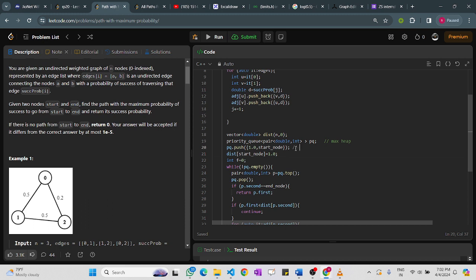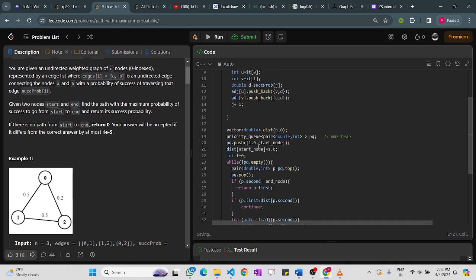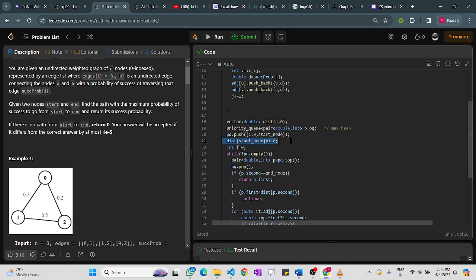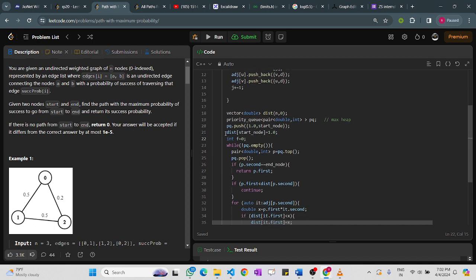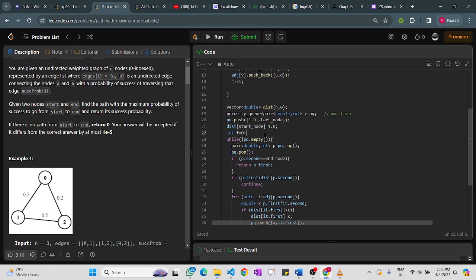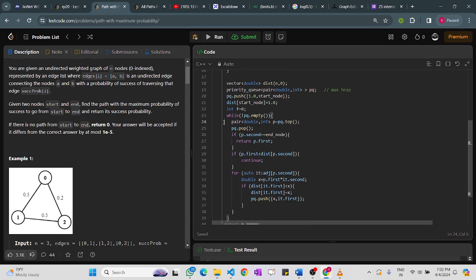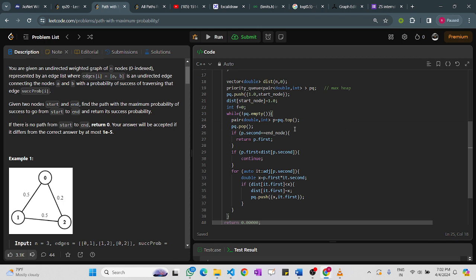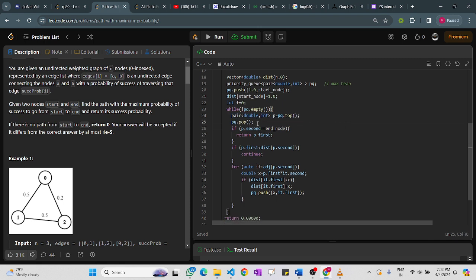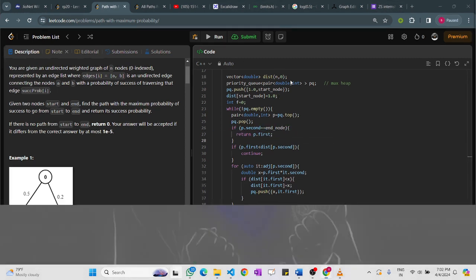This is just like pushing the node. This is also the distance of the start node. The probability of the starting node is 1, so I have to insert it as 1.0. I have the max heap with pairs, and it will contain the pair of distance and node. So the first part is the distance.